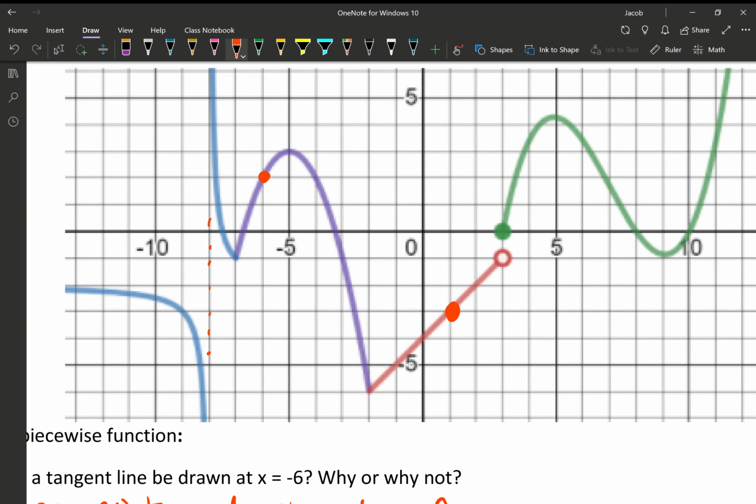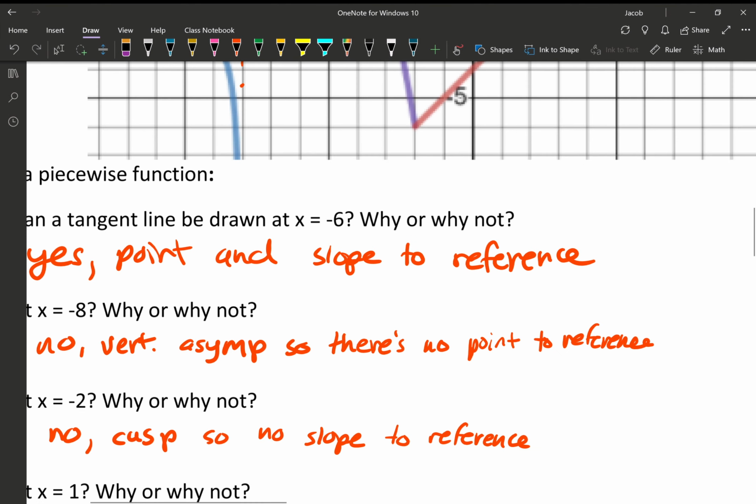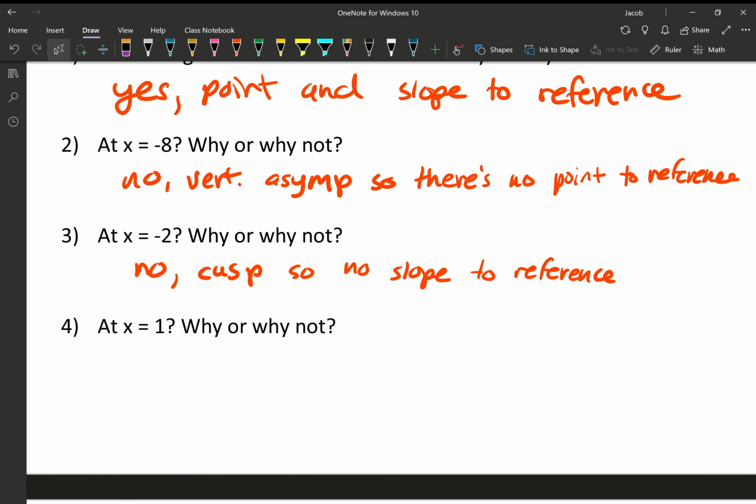That's looking for that point on the graph. And that would be a yes, we do. We have a locally linear continuous function there, or we do have a point and slope to reference, which is the easiest way to say it.